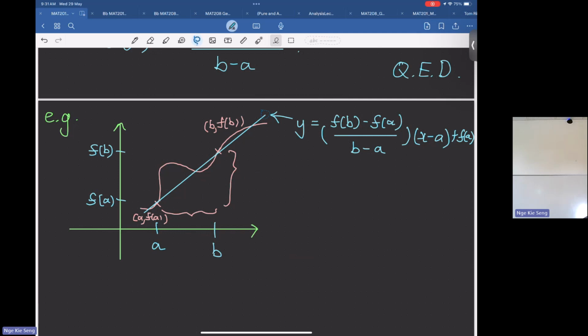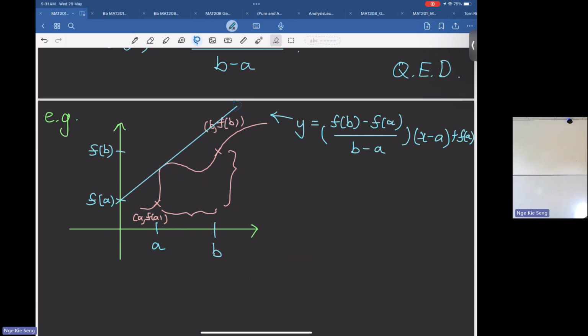Let's see whether it is true for this case or not. Similarly to Rolle's theorem, we can move this line about and see whether any tangent line has the same gradient. I want to try moving my line up or down to find the other tangent line that has the same gradient. You can move up a bit, right?